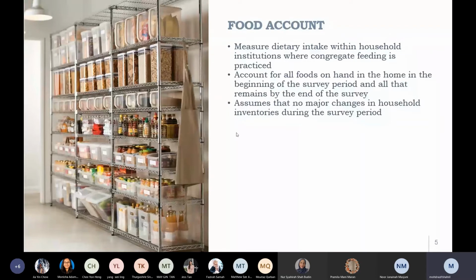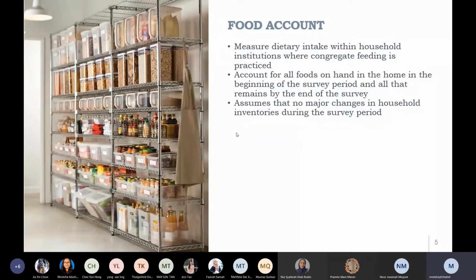When we start to measure the intake, we record all the grams of foods in their stock, in their pantry. And at the end of the month, we go back and measure again the balance of food available in their pantry or in their stock. By that, we know how much has been consumed.